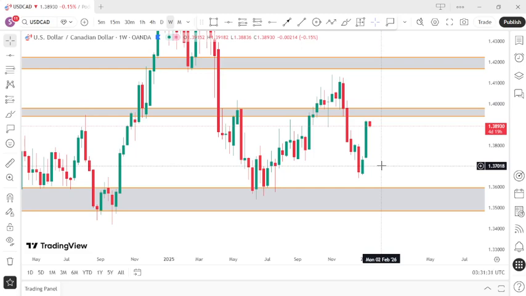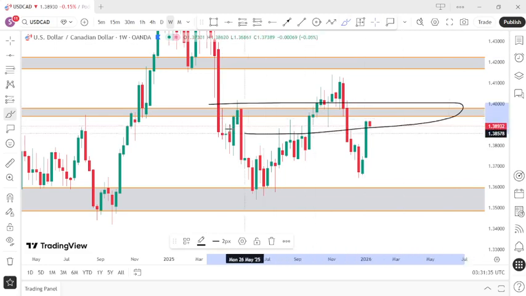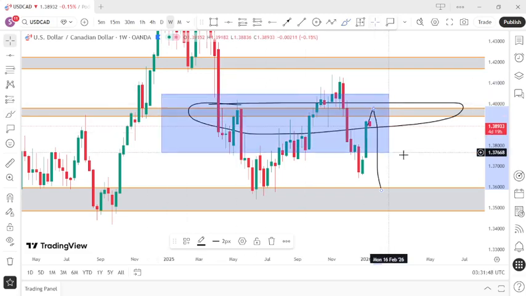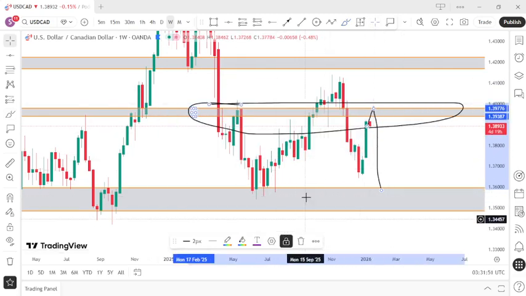On the weekly time frame, I'm looking at this zone very closely. If price is able to tap into this zone, it will give us a head and shoulders pattern before it will drop.